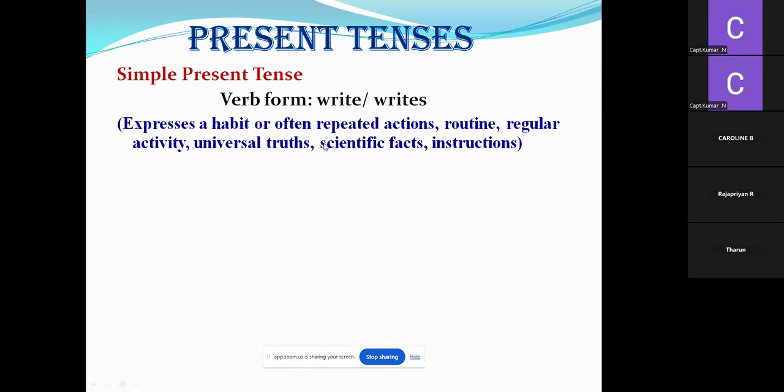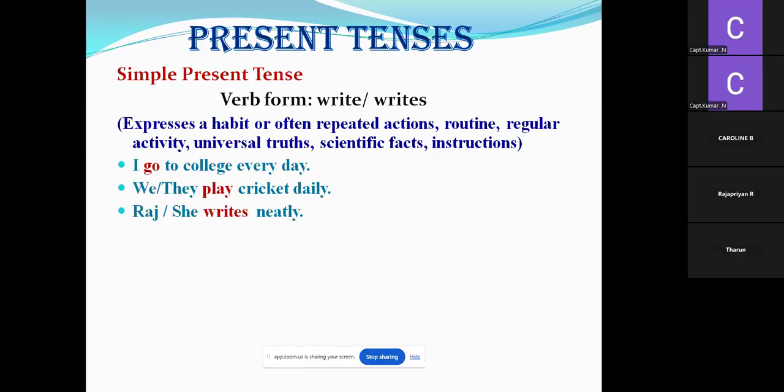And then come the scientific facts, then instructions. See, all these things, if you take a deeper look, they don't change. They are the same all the time. Habits, they don't change. Routine, we follow a particular routine every day. So at that time, we use simple present tense.